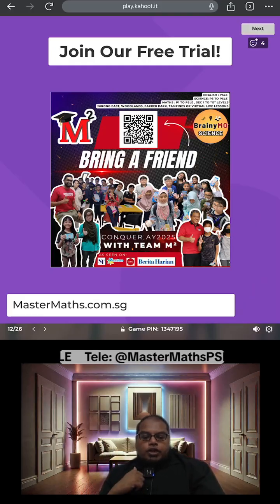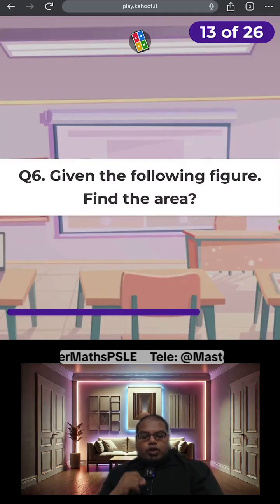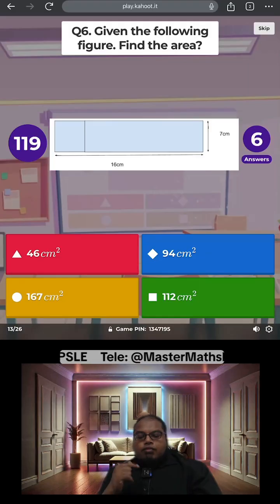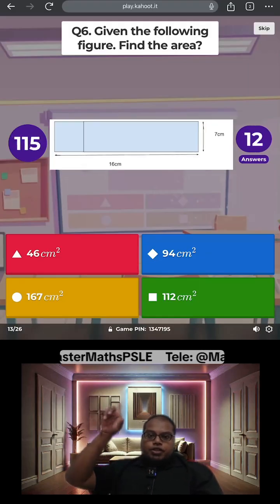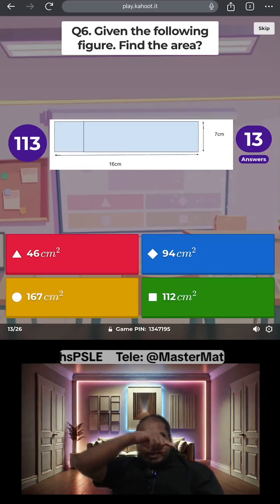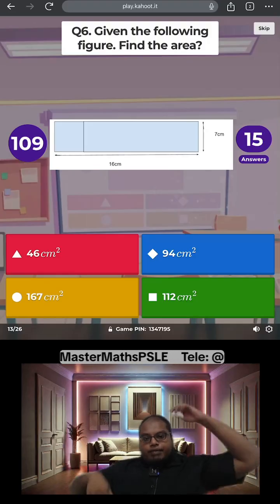Let's go on to the next question. Given the following figure that you'll see in a while, find the area. This is the figure I'm referring to. You see that? The length is 16 cm and the breadth is 7 cm.